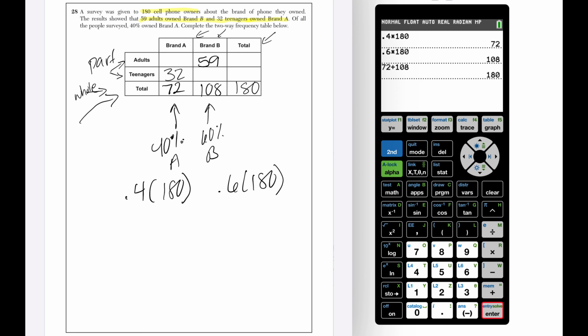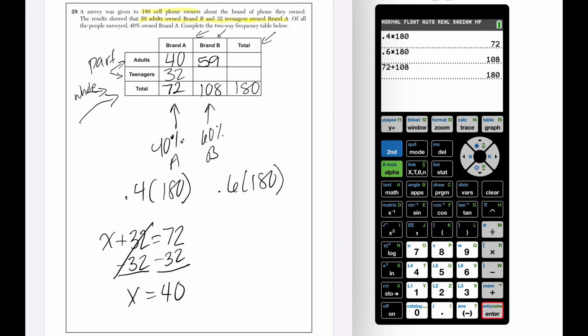So now that I know this, let's just look here at this part. If I take the adults and add the teenagers, I'm going to get 72. So adults plus the 32 teenagers gives me 72. I'm going to subtract 32 from both. X is equal to 40.